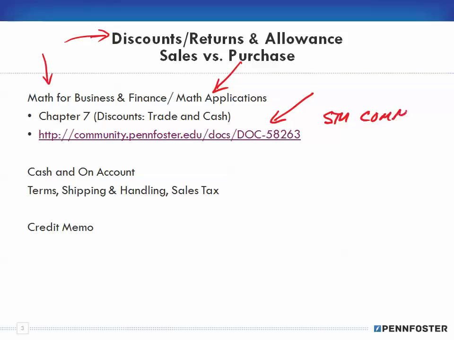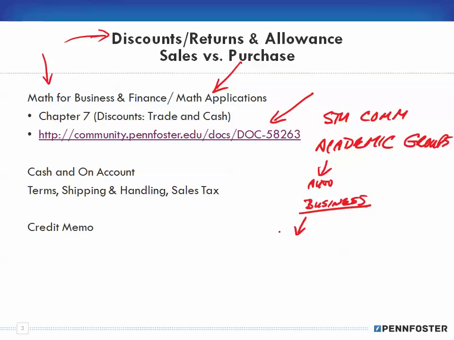If you click on academic groups, you'll see the groups down the left-hand side of the page. And underneath it, you'll see automotive and motorcycle, I believe, and then you'll see business. Click on the link for business, and that will take you to the business groups. And on the left-hand side of the page, you'll see how to study guides.